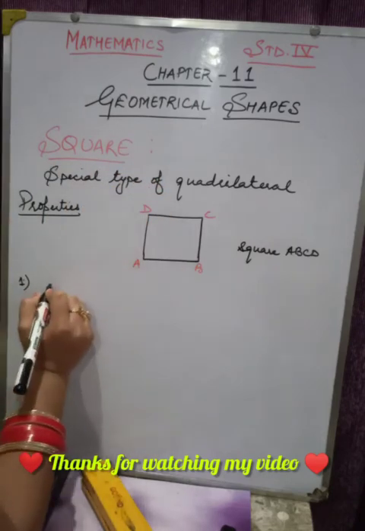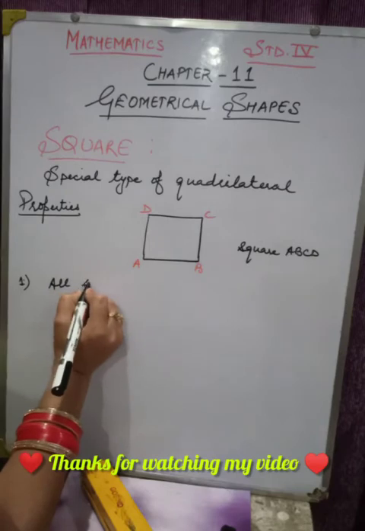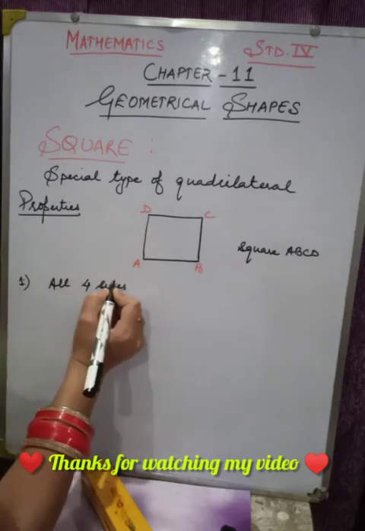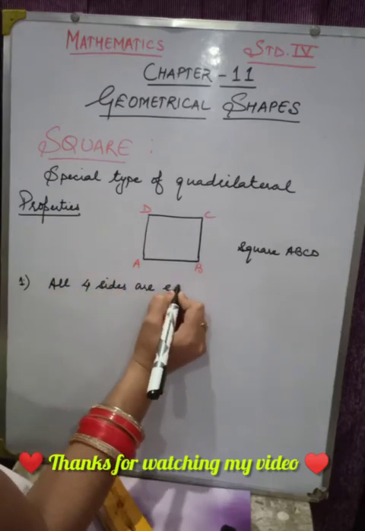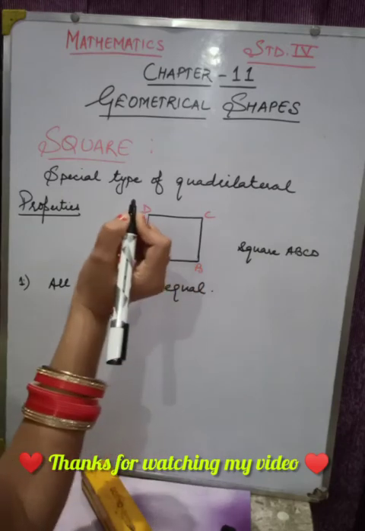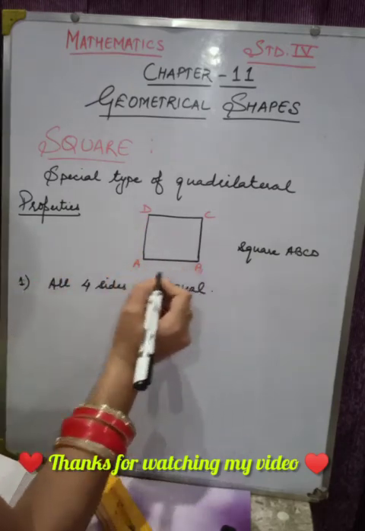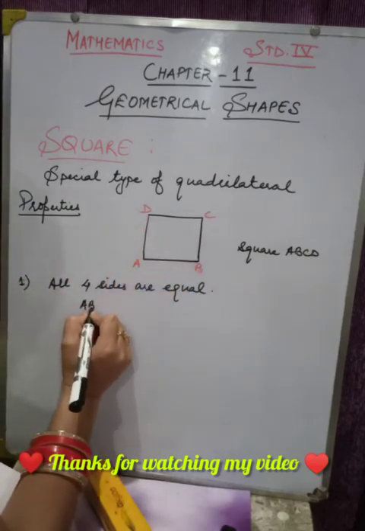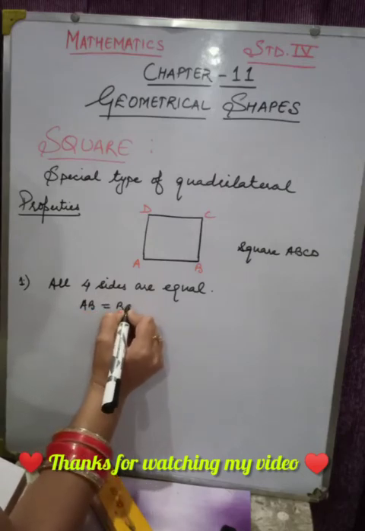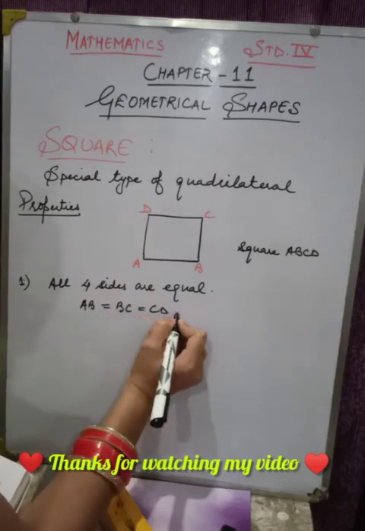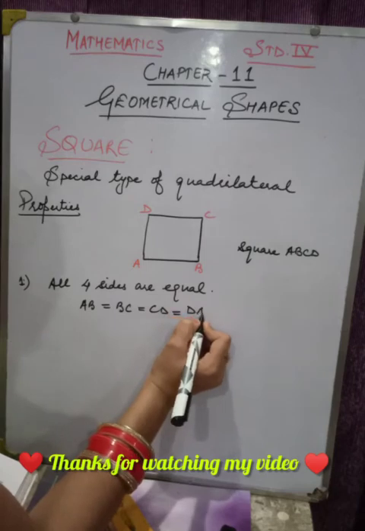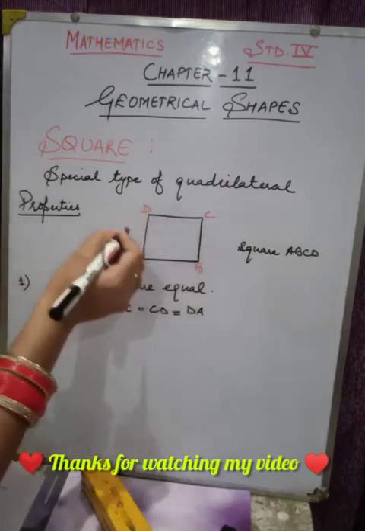First property is all 4 sides are equal. Which are all 4 sides? AB equals BC equals CD equals DA. So all the sides are equal.